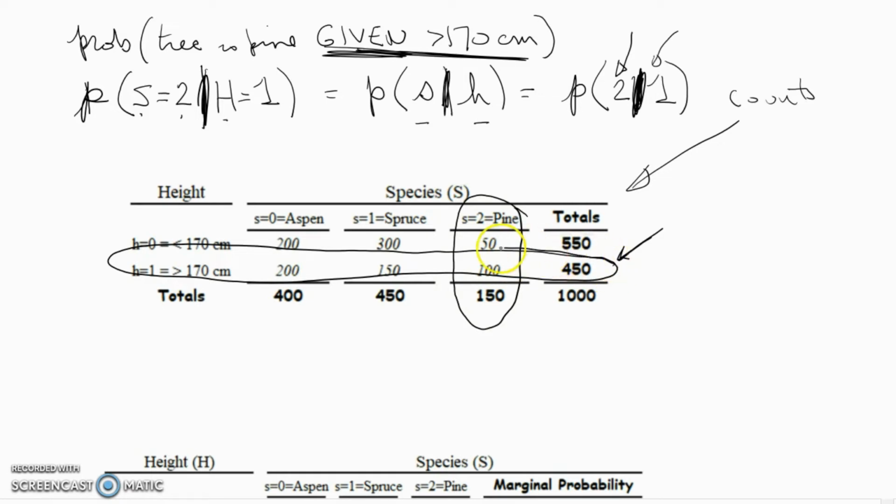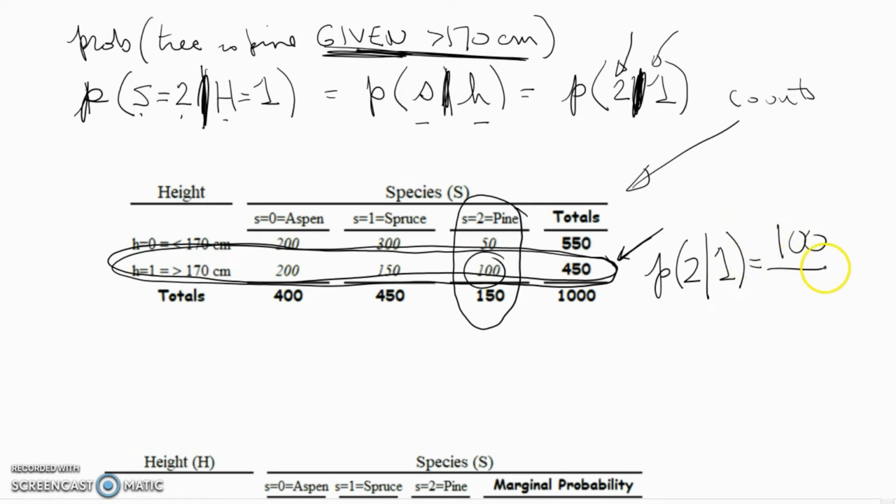There are 450 trees that have a height greater than 170 centimeters, 100 of which are pines. So therefore, the answer to our question is 0.22.